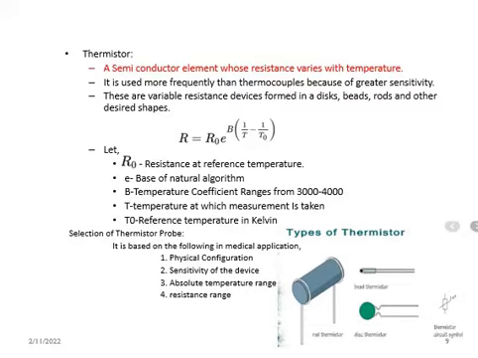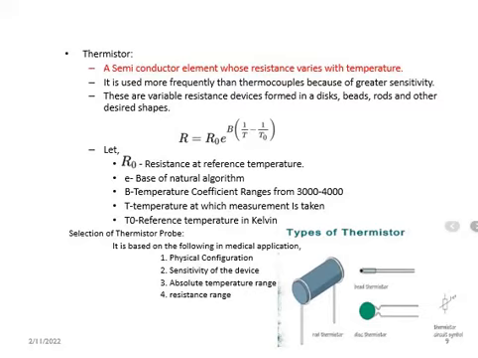Thermocouples are usually used in industries. Other than industries, thermistors are used, for example, in portable devices, in hospitals, or even in places where the temperature has to be determined, for example, boilers.